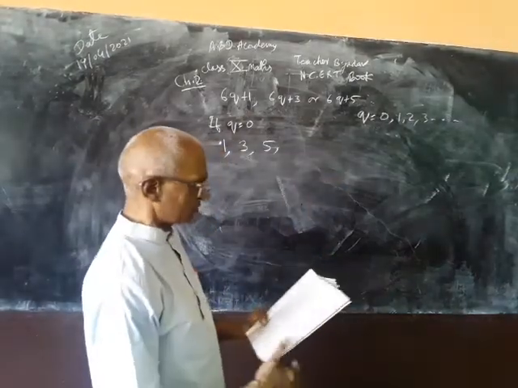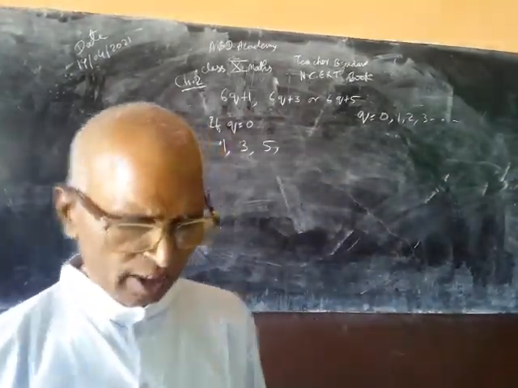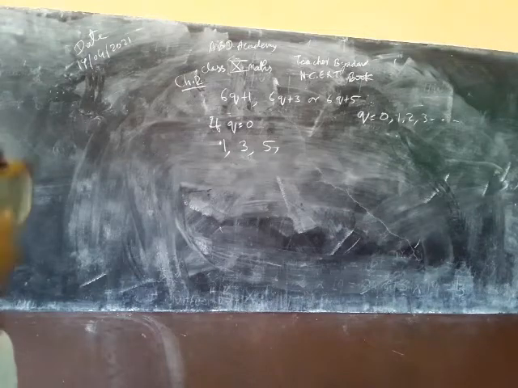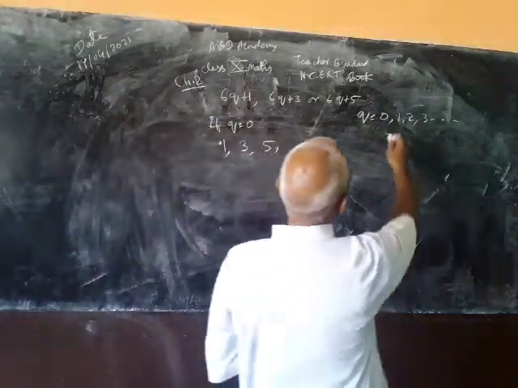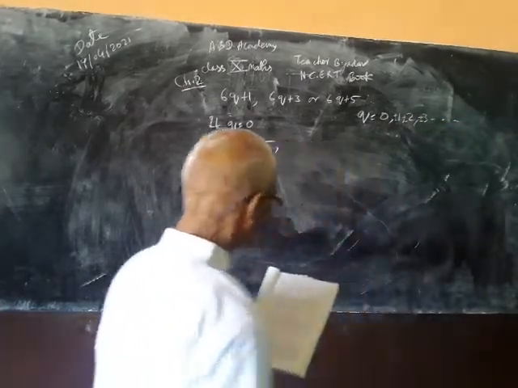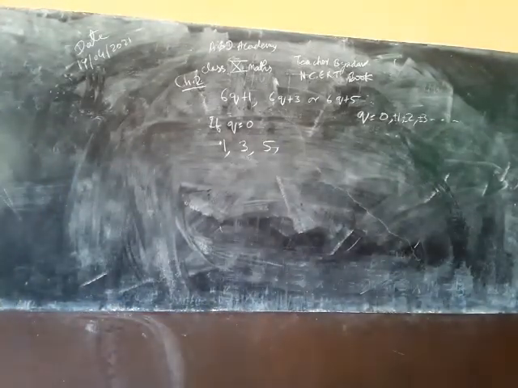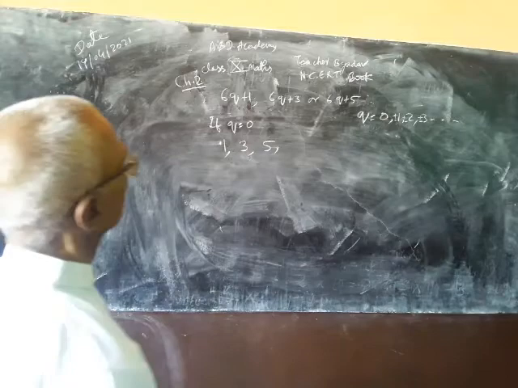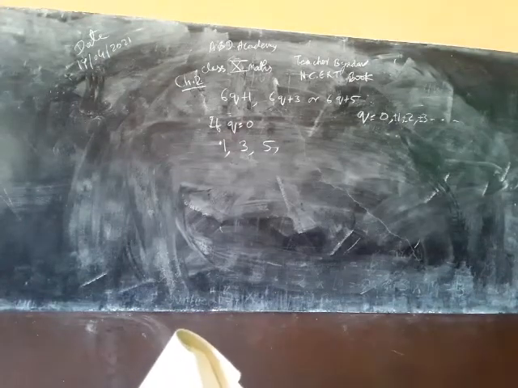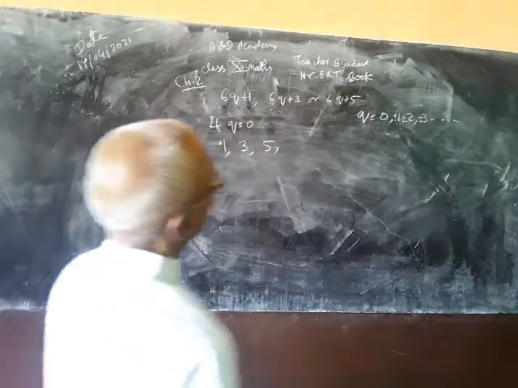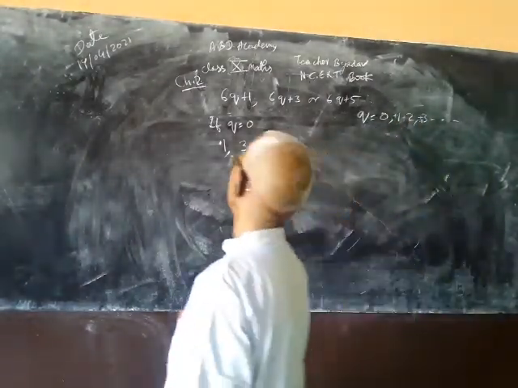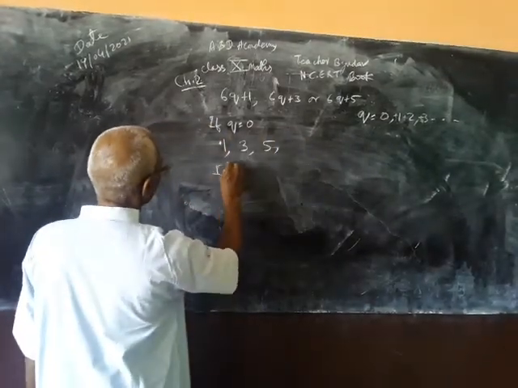Since q is an integer, it may be negative also, like minus 1, minus 2, minus 3, but the question wants positive integers, so we exclude the negative sign. We take 0, 1, 2, 3.